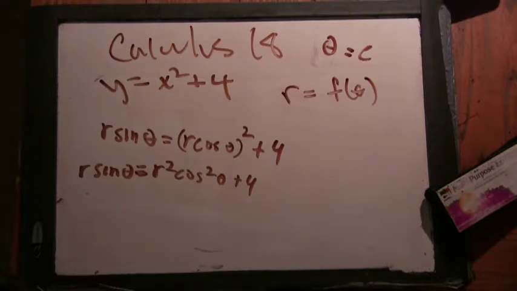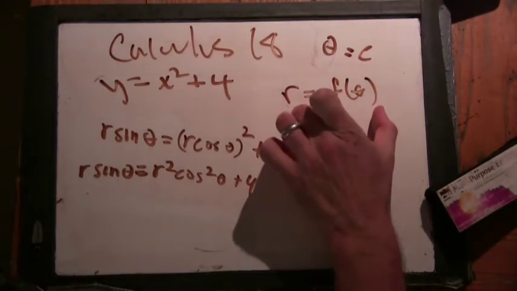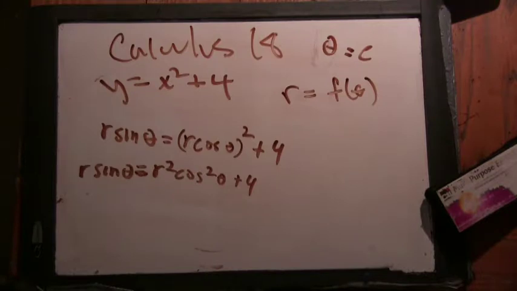Maybe we could do something with cosine squared to put it in another form? That's not the technique you need here. It's not a trigonometry problem, it's an algebra problem. You have this equation with r's in it, and you're trying to convert it into r equals f of theta.